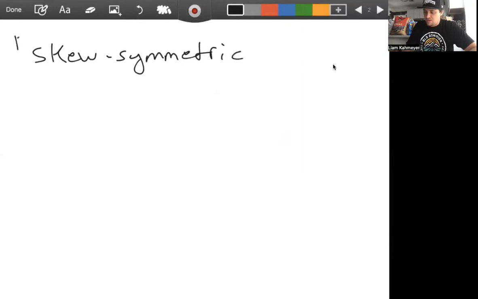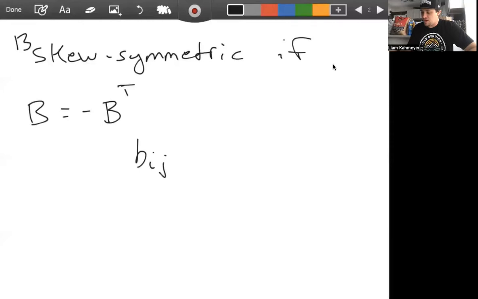So let's say B is skew symmetric if B is equal to the negative of its transpose, i.e., if you had B_ij, then that would be equal to negative B_ji for all i, j.